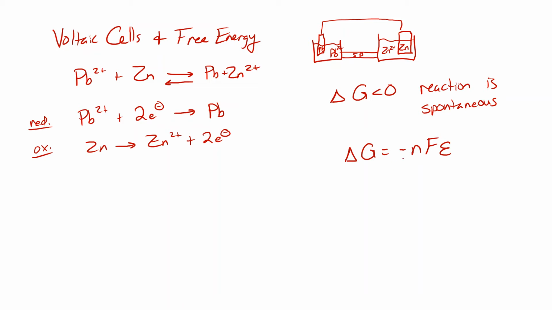delta G is going to equal negative n F epsilon, where n equals the number of electrons in the balanced equation. F is going to be the Faraday constant.